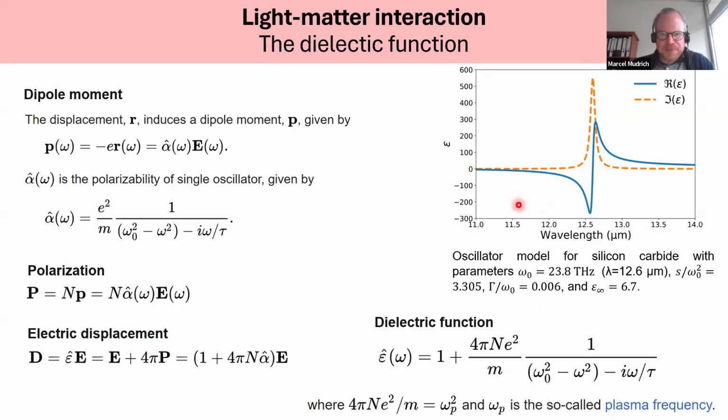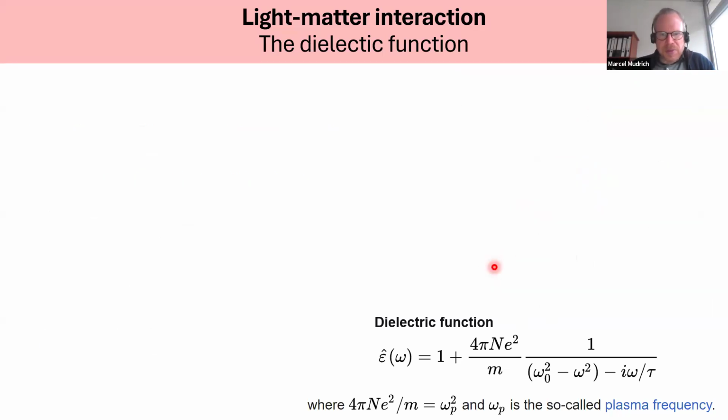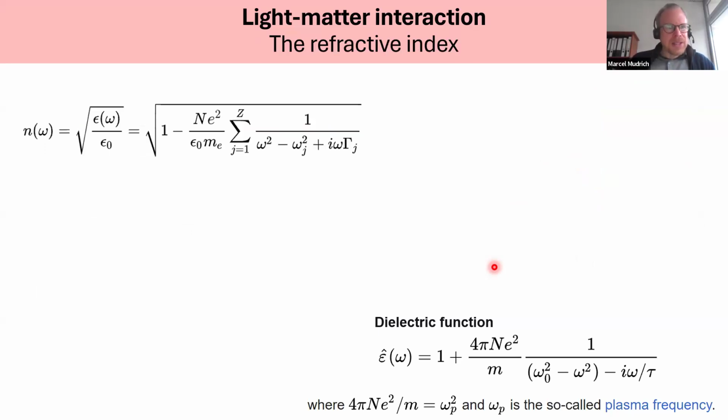Okay, so how is this all related to our X-ray optics? Well, we just derived the dielectric function, and we should remember from your electromagnetism or optics course that the permittivity is related to the refractive index by dividing by epsilon naught, the vacuum permittivity, and taking the square root.